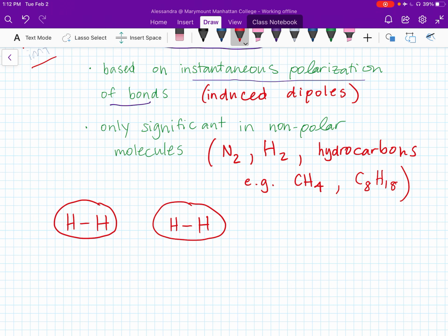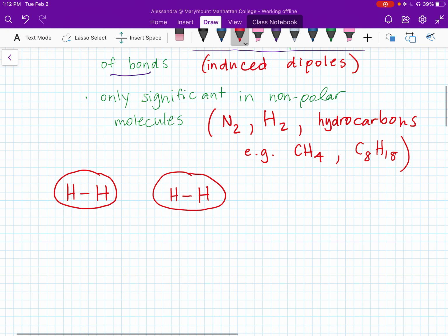However, as the electron moves around the nucleus in hydrogen, there are going to be momentary asymmetrical charge distributions around the nucleus. And what that does is it gives the atom just a momentary instantaneous dipole.